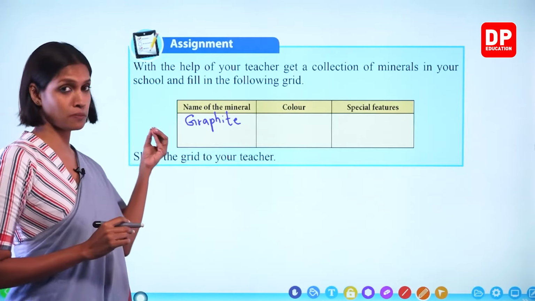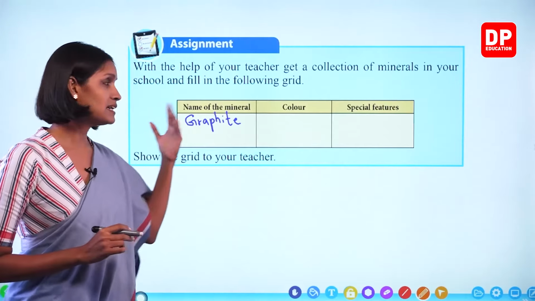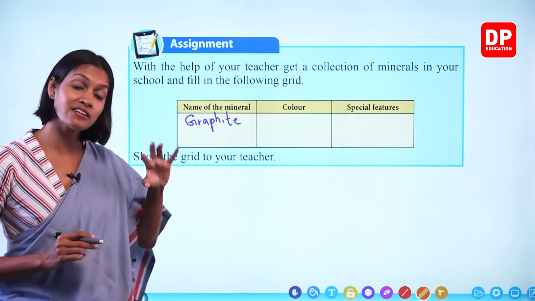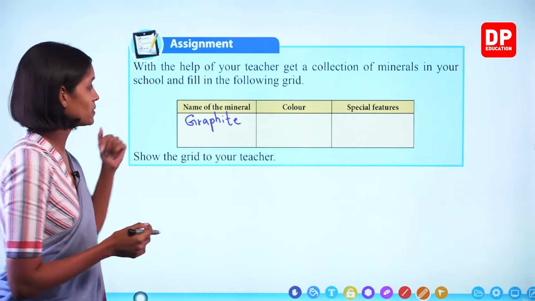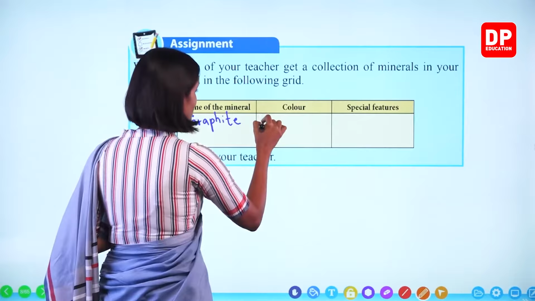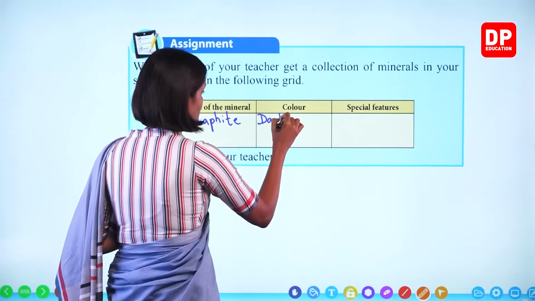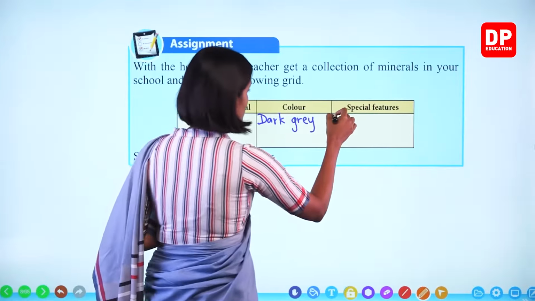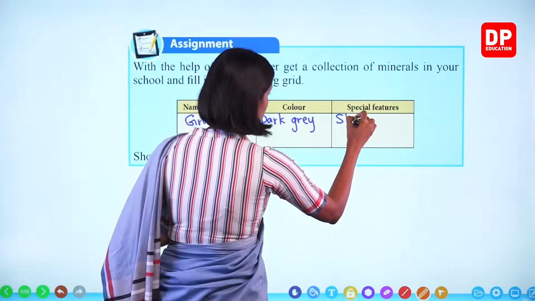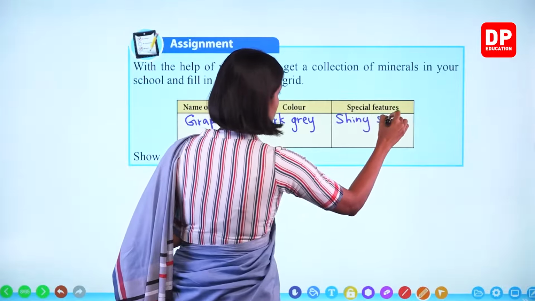Graphite is used to make pencils, right? Color was dark gray, and it had a shiny surface too. So graphite color was dark gray. And it had special features. Shiny surface.